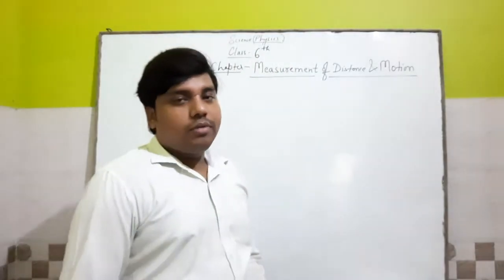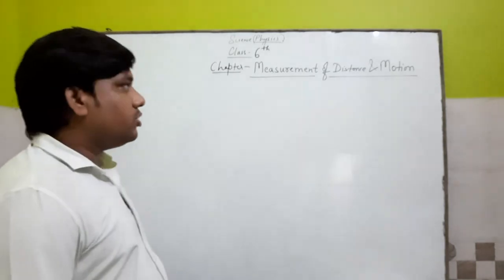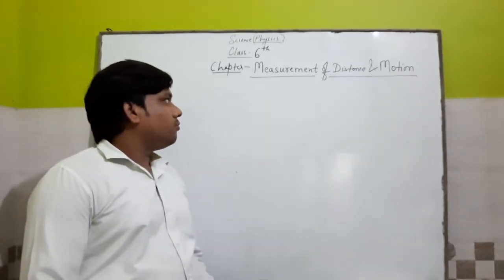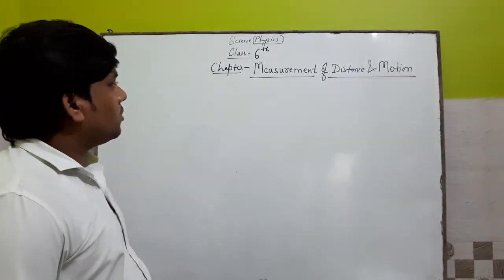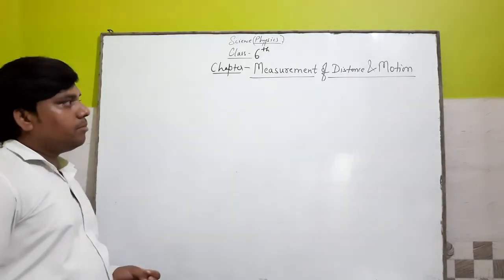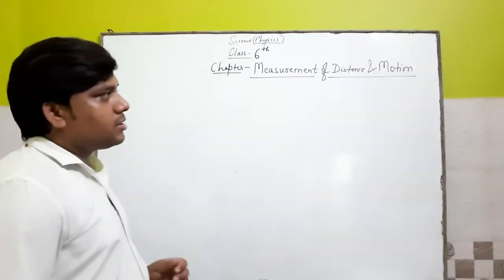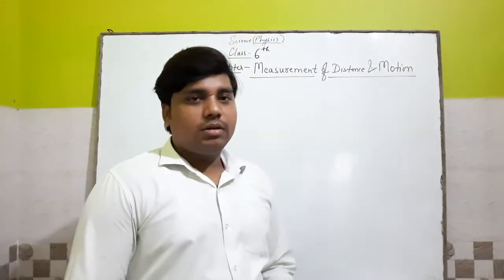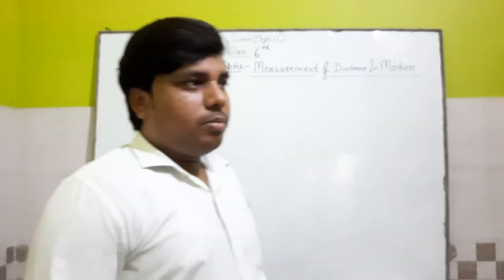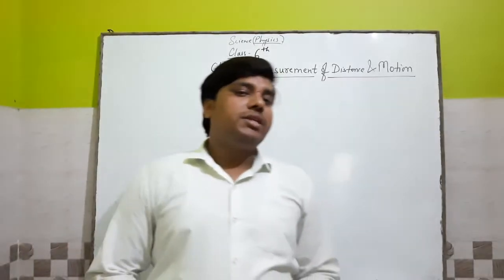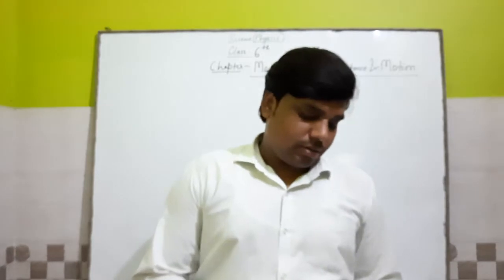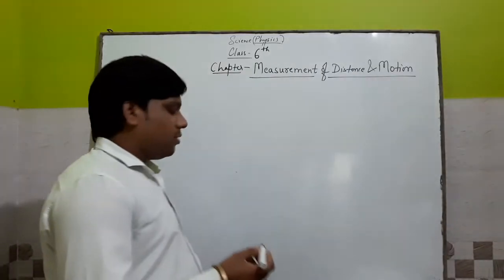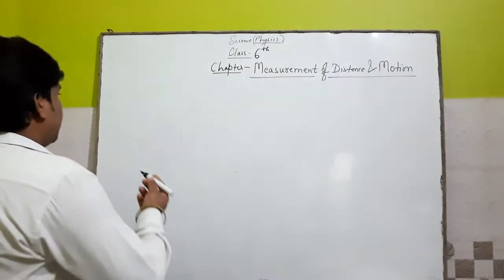Now today we are going to start a new chapter of class 6, that is measurement of distance and motion. Measurement. You know what is measurement? Now let's see here. What is measurement?